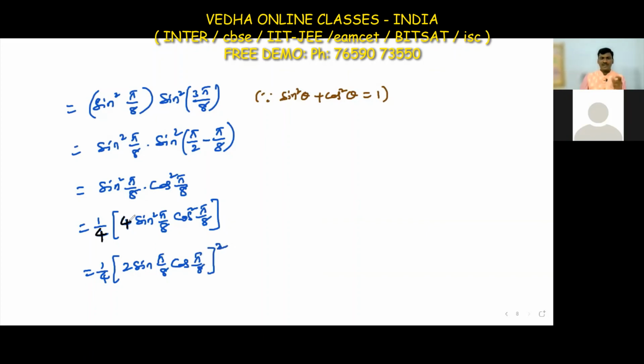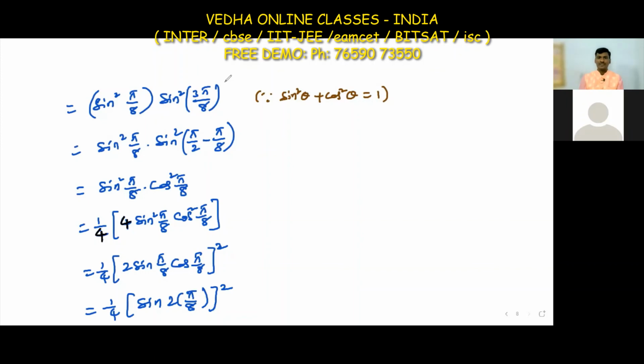I am writing the square, since this 4 also can be written as 2 square, so we have the square for all the numbers: 2 sin theta cos theta whole square. Now 1 by 4 into 2 sin theta cos theta, which formula is this? Sin 2 theta, so sin 2 into theta, where theta is pi by 8, and whole square.